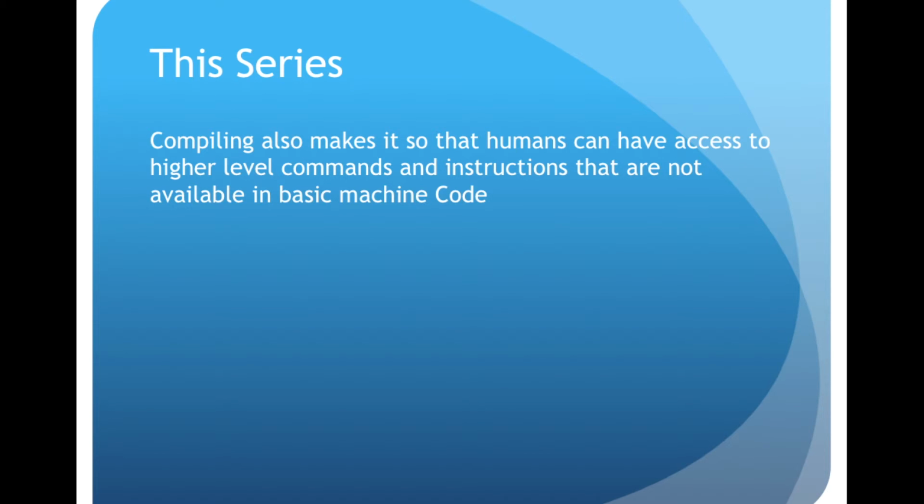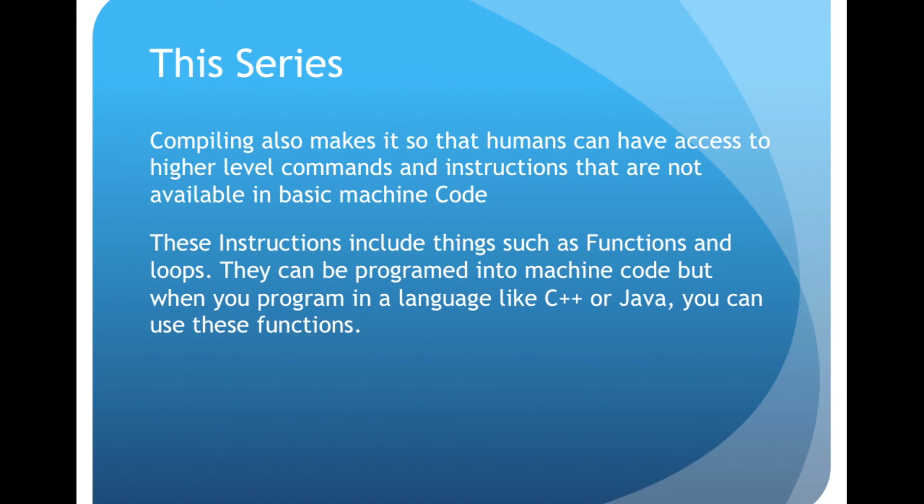The fact that we're taking code and making it into something else makes it very useful to have your computer simplify things for you by doing some simple things. And as a matter of fact, a lot of these quote-unquote simple things are major programming things that are really easy to do in programming languages. And it's a lot harder to do these functions if you're just programming in machine code.